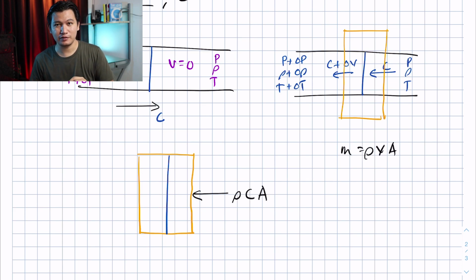How about the mass flow of the fluid that goes out of the control volume? On the left-hand side of the wave, rho has changed, velocity has changed, but area is still the same. It's the area of the pipe.